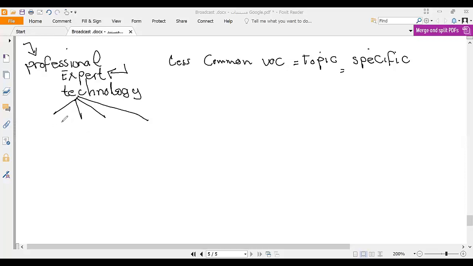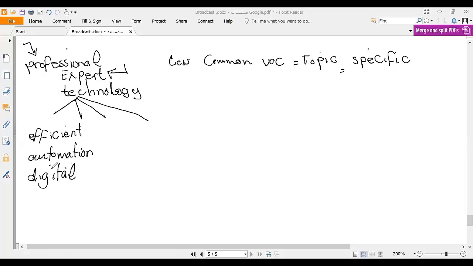So what terms will you use regarding the word technology? For example, we can use the word efficient. We can use the word automation. And for instance, we can use the word digital, right?